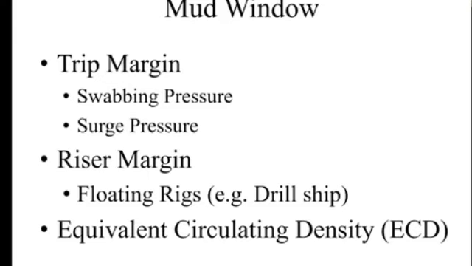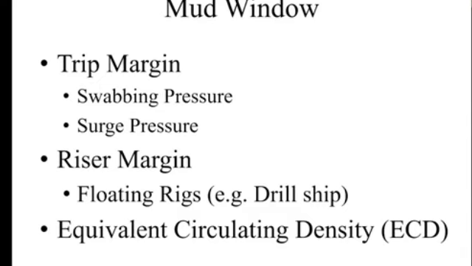What if we are doing the calculation for floating rigs, like drill ships, like semi-submersible drilling rigs, then we need to take into account the riser margin. This leads to another important concept, which is equivalent circulating density, or ECD.